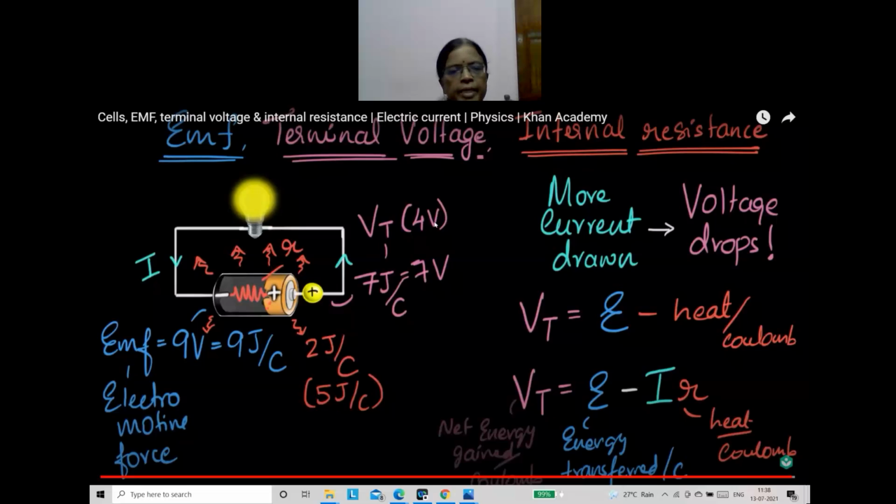The energy actually transferred by the cell is the electromotive force, EMF, 9 volt, minus the heat per coulomb, that is I into r, the voltage drop across the internal resistance.